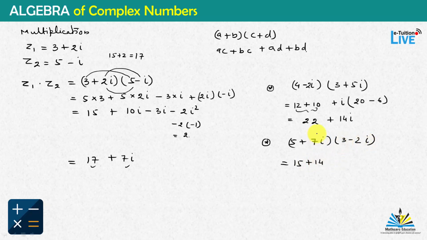Then 3 into 7i is 21i, and 5 into 2 is 10, minus 10i. We have already taken common, so here we are getting 29 plus 11i. So this is the multiplication of two complex numbers.